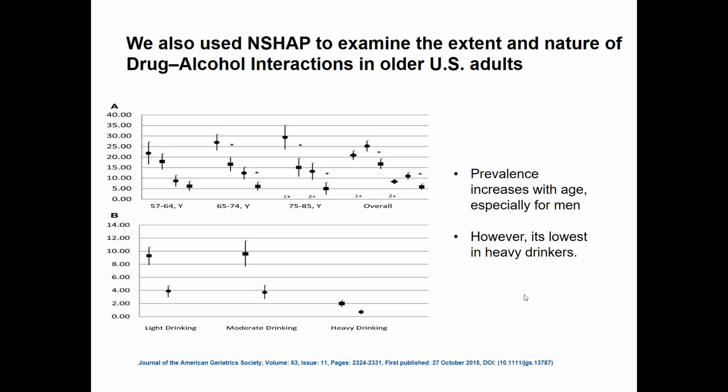And we found that in prevalence of drug-alcohol interaction, which we defined as someone who regularly drinks alcohol and is concurrently taking a medication that interacts with alcohol or should be avoided, and we determined that list of medications based on Micromedex, the same kind of drug safety database that we use to identify drug interactions, which also captures information on drug-alcohol interactions.